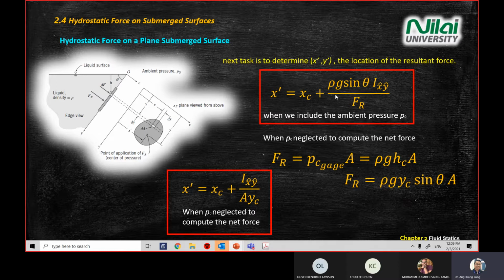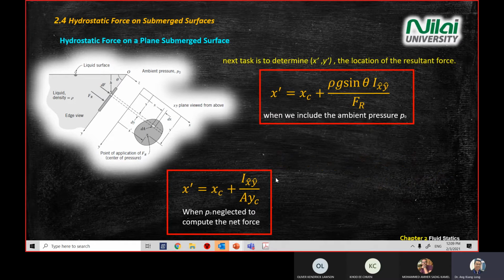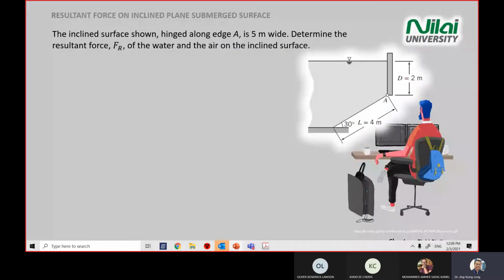Okay, so today we're going to look at a few examples of applying the equations. The example we're looking at is the same as your handout or tutorial for chapter 2, question 17. Let's say you have water acting with some pressure on a surface over here.